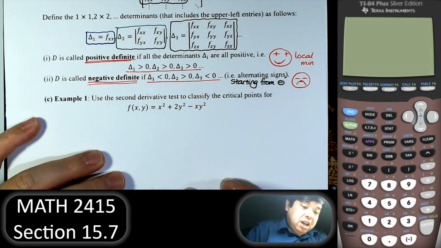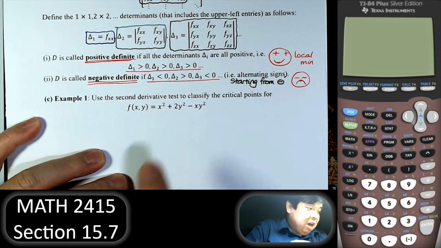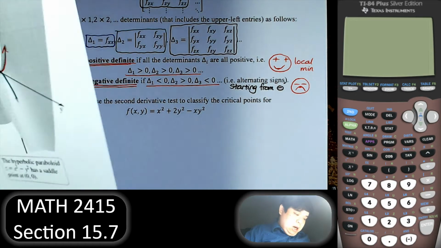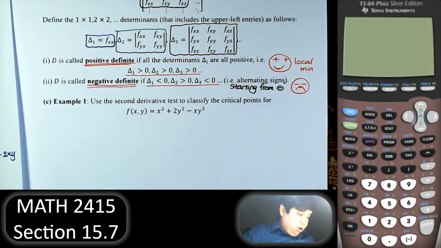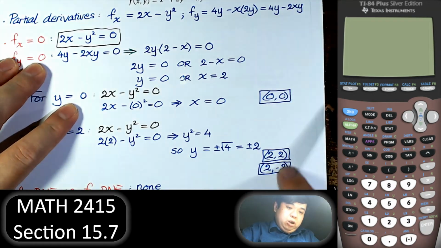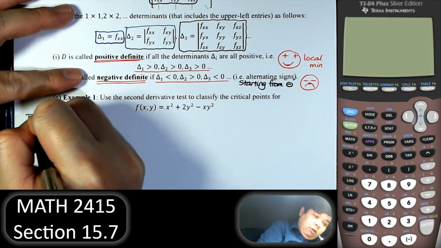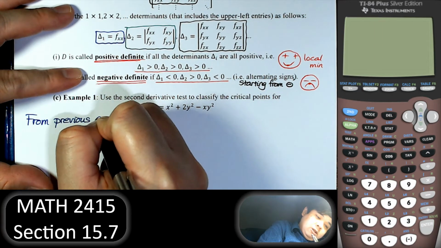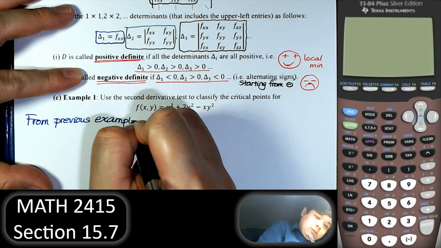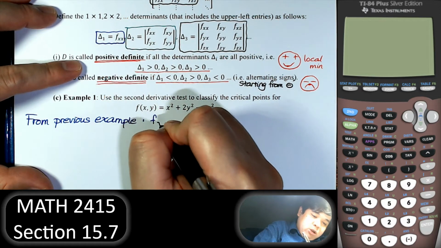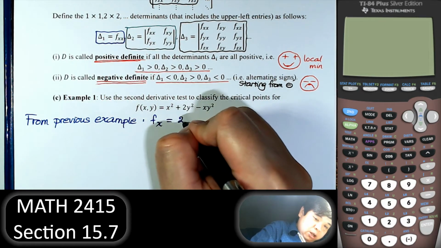Right, next, we have an example here. Use the second derivative test to classify the critical points for that function. By the way, this is the example that we did earlier, so go to the previous example on the previous page. This is what we have, the partial derivatives and the critical points. From the previous example, we have the derivative with respect to x is 2x minus y squared.